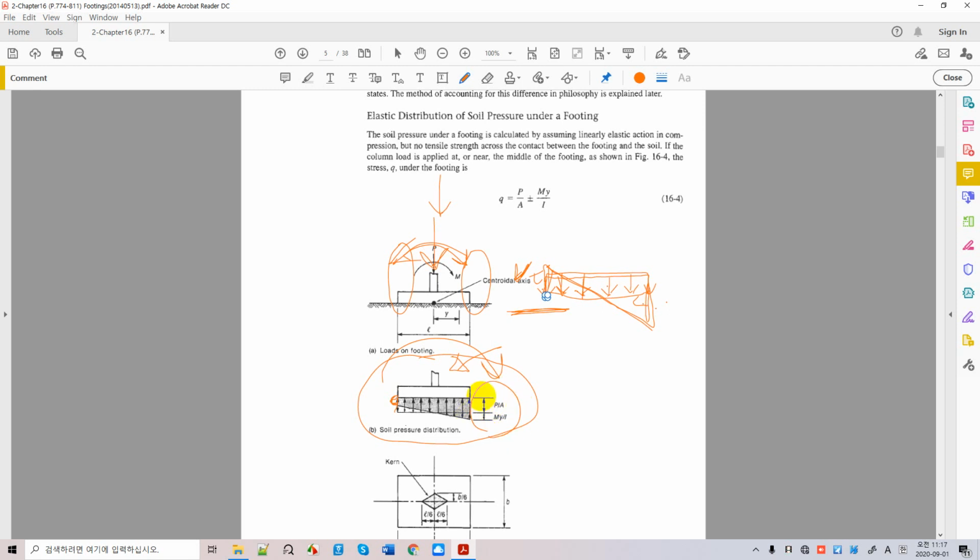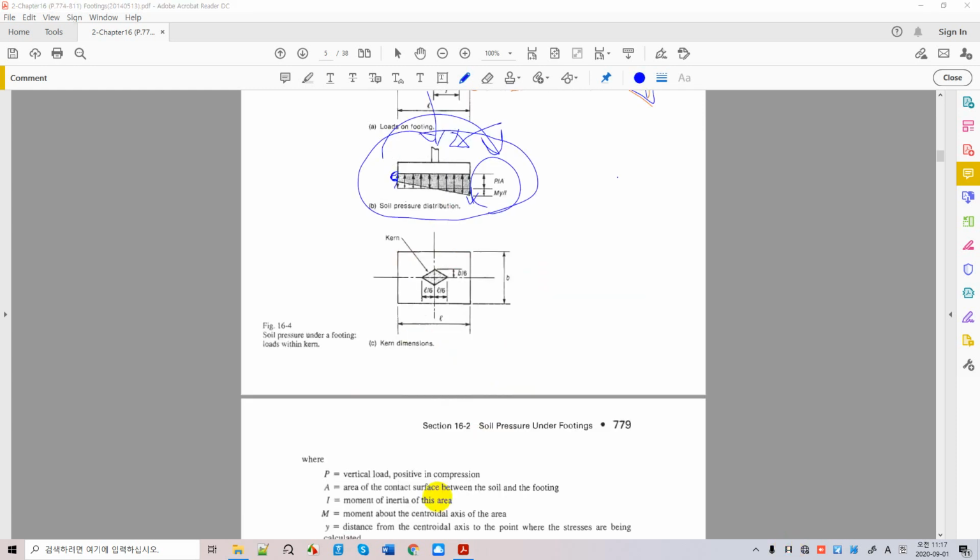And we have increased compression stress at the other side, where we have compression due to vertical load and compression again due to the moment. We studied this in mechanics of materials in sophomore college, where the loading falls into this little diamond area.